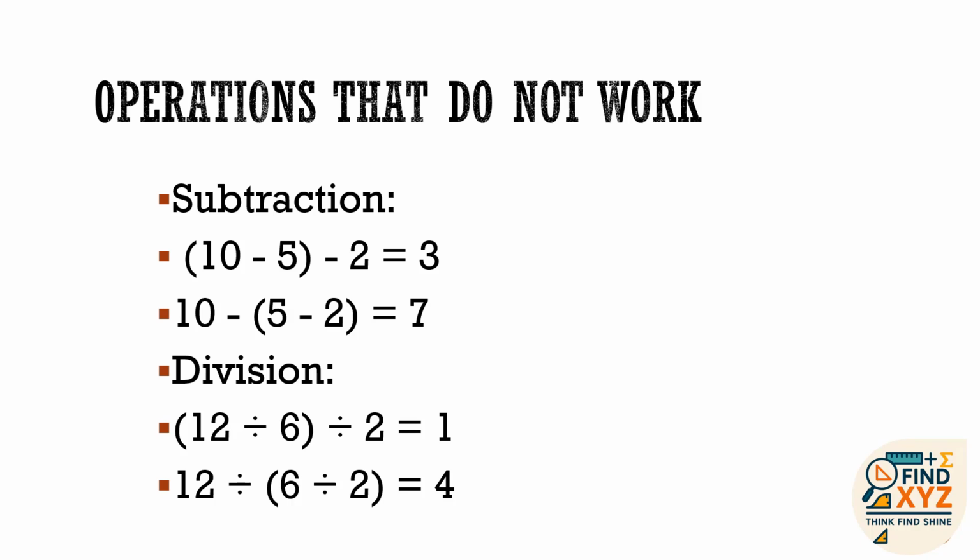This time we are doing 6 divided by 2 first, which will give us 3, and then 12 divided by 3, which will give us 4. In both cases, they are not the same. This indicates that the operator does not follow the associative property. So these two operators, which are subtraction and division, do not work under associative property.